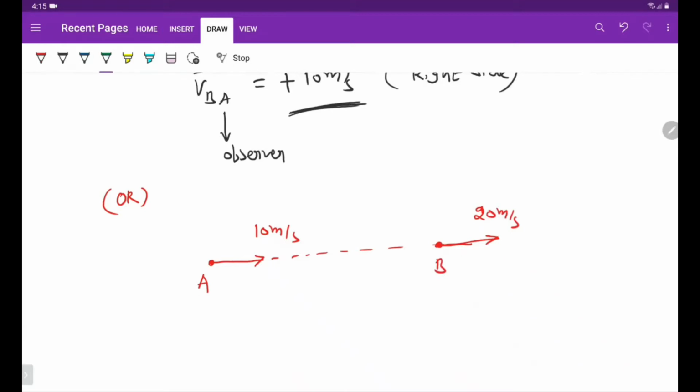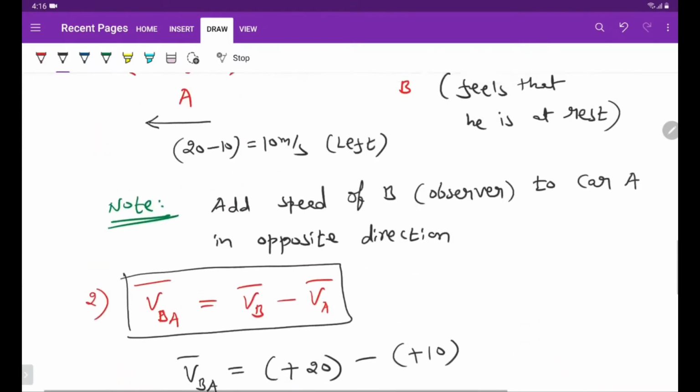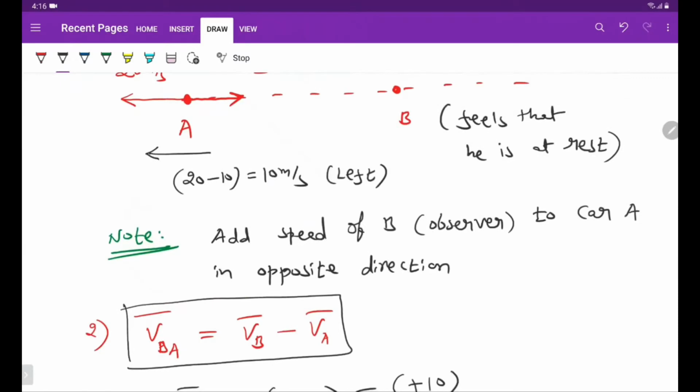But here, who is the observer? A. So if A is the observer, add the speed of A to B in the opposite direction. Assume that this driver is at rest. Previously B was the observer and B felt that he was at rest.